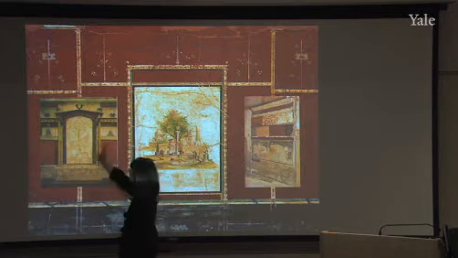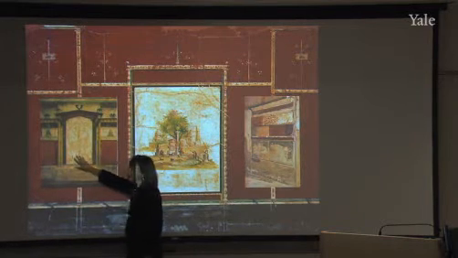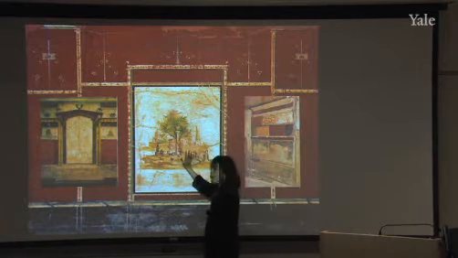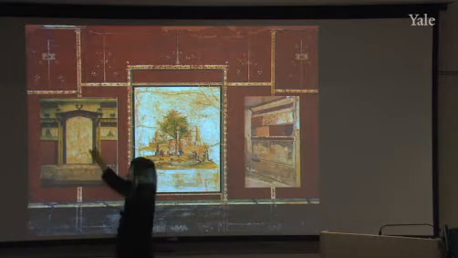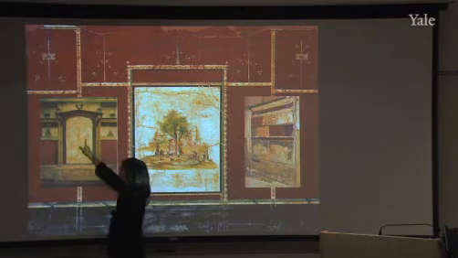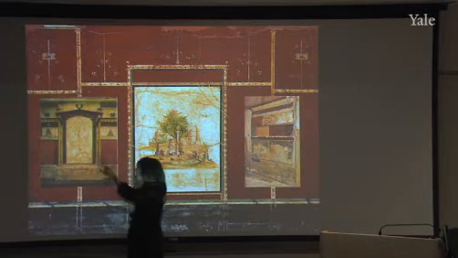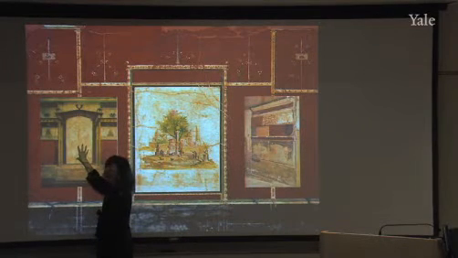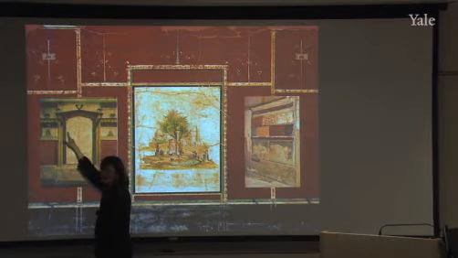So mature second style commissioned by an imperial patron, mature third style commissioned by, we think, an imperial patron. Both sacro-idyllic landscapes with white backgrounds, but you can see the main difference here, not only the substantial architecture, but the fact that the white background continues behind the architecture.